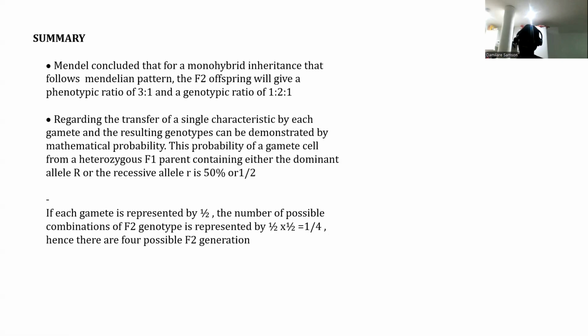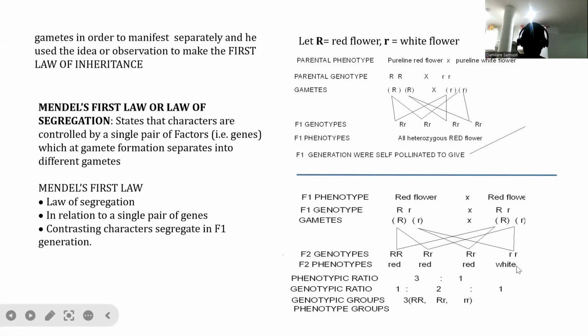What combination can we see when half of capital R and half of small letter r cross? So what we are trying to say is we are going to see 1 out of every 4. And that is exactly what happened during this process.